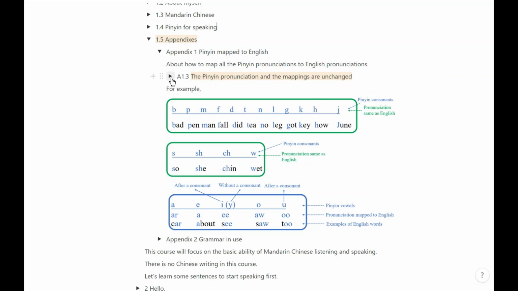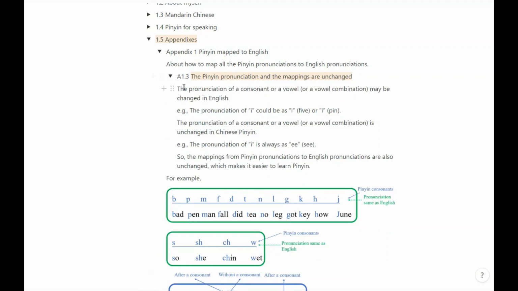For example, Appendix 1.3, the pinyin pronunciations and the mappings are unchanged. The pronunciation of a consonant or a vowel combination may be changed in English. For example, the pronunciation of I could be as I in the word five, or just I in the word ping.